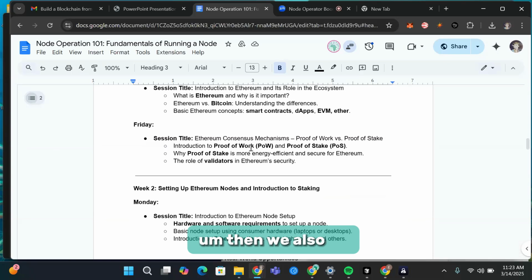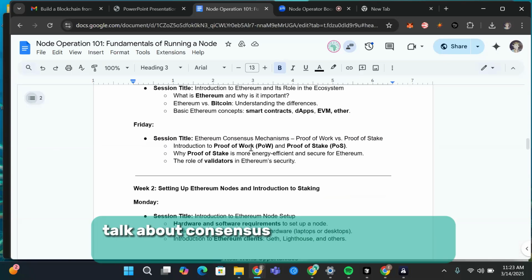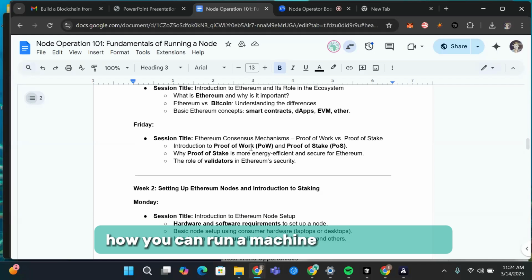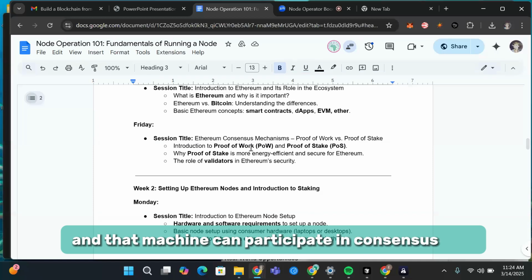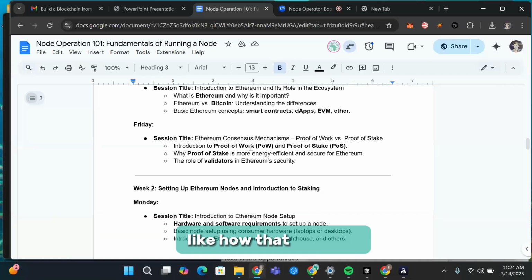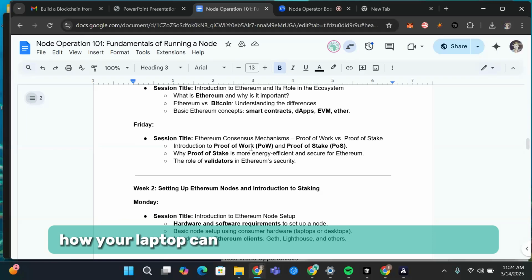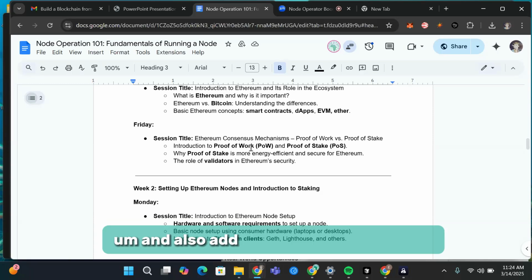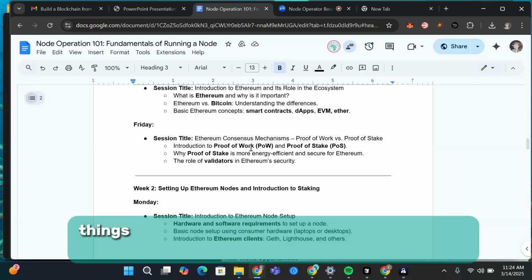Then we also talk about consensus mechanisms, so you'd understand how, because if people are talking about a world computer, how you can run a machine on your system and that machine can participate in consensus, like how your laptop can validate transactions, participate in the network, and also add blocks to the blockchain, things like that.